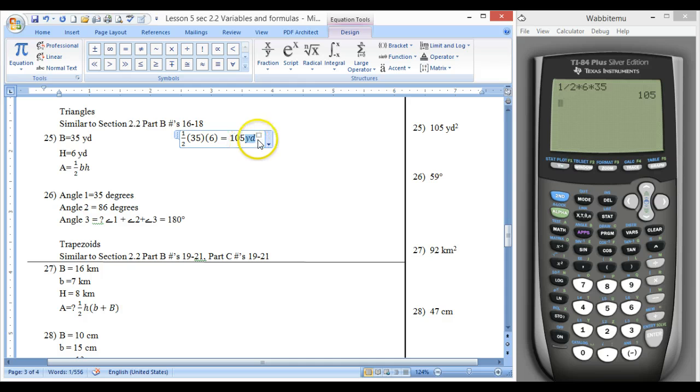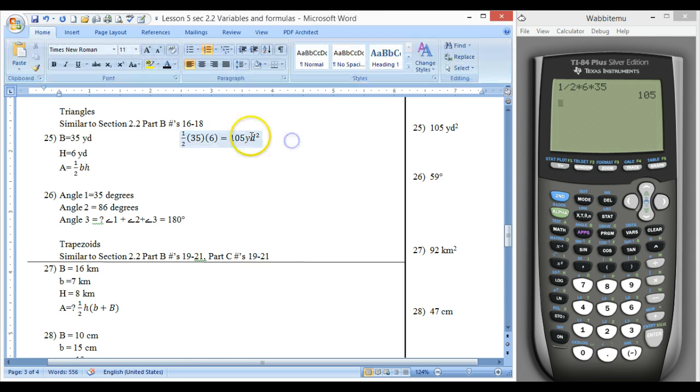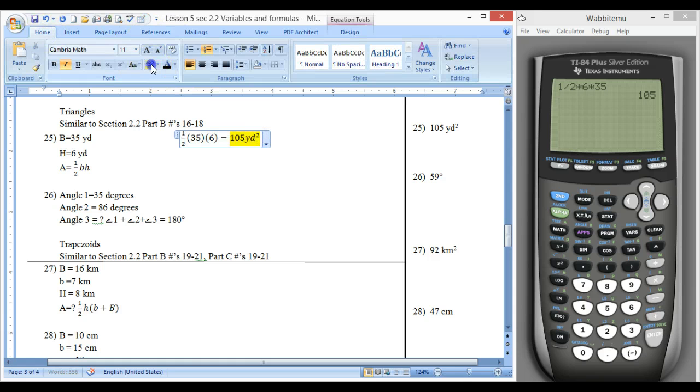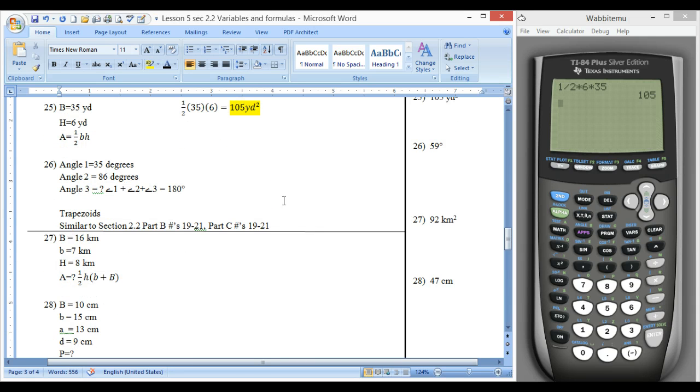If I highlight it, it'll just give me the script up at the top. If I don't highlight it and press script, it'll give me both, and I'll have to arrow over and type in yards. Okay, there we go. 105 yards squared.